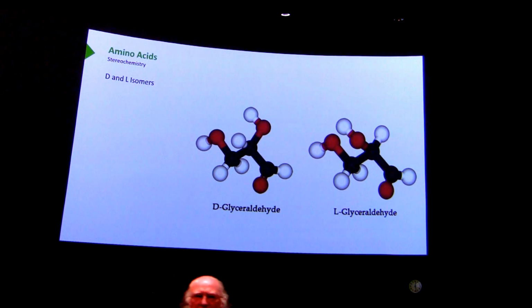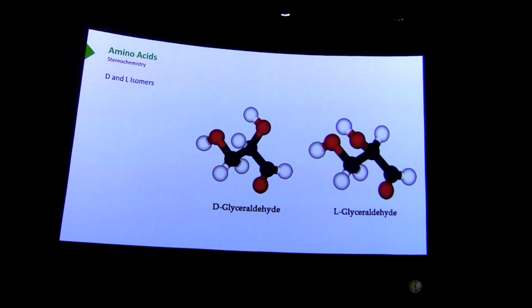Essentially, every amino acid that's found in proteins, whether it comes from a bacterium, a human being, a walrus, or a turnip, essentially every organism, folks, essentially every amino acid found in proteins is in the L configuration. Now, I said essentially. Whenever you hear that, you always think, there's got to be one catch, right?